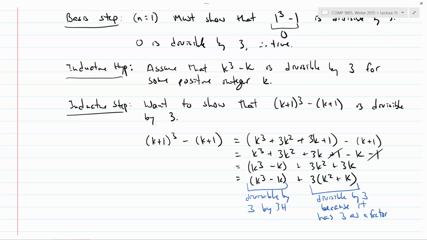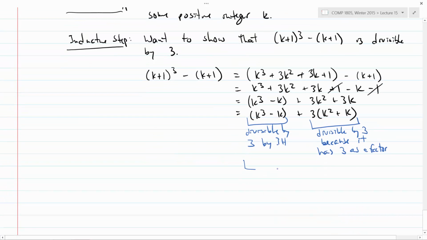Yeah, you have a factor of 3 in both terms. So what you could do is factor the 3 out to the outside, and then the whole thing has to be divisible by 3. All right, so because both of those are divisible by 3, the whole thing is divisible by 3 because both terms are.